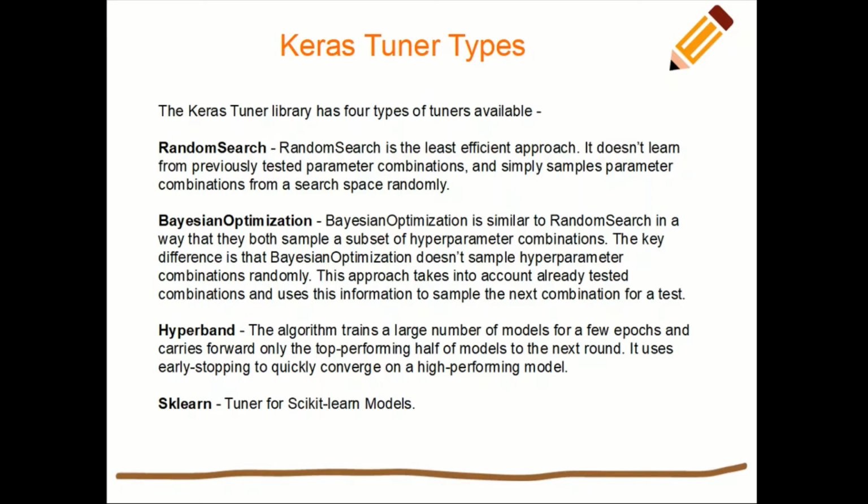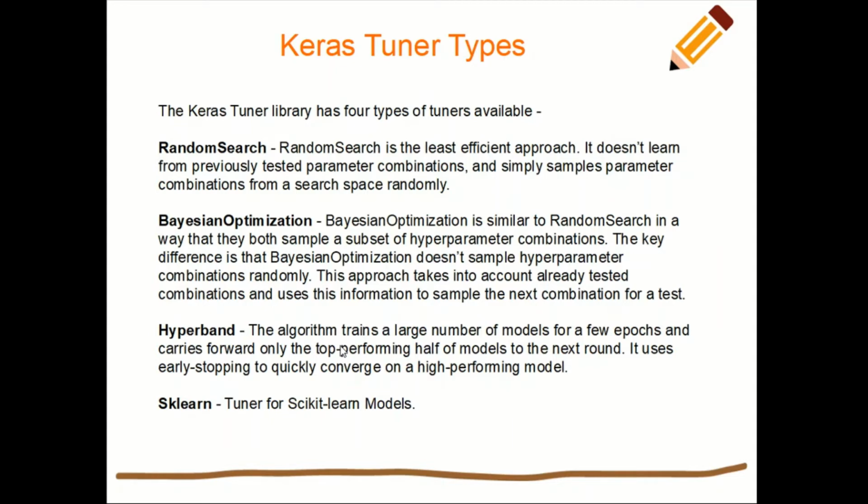Now in Bayesian optimization, whatever trials we did on the hyperparameters earlier are going to be considered for choosing the hyperparameters in subsequent trials. So Bayesian is kind of smarter because it is going to learn from whatever trials were done prior to the current one. And then in the hyperband, say for example we started with 20 different models.